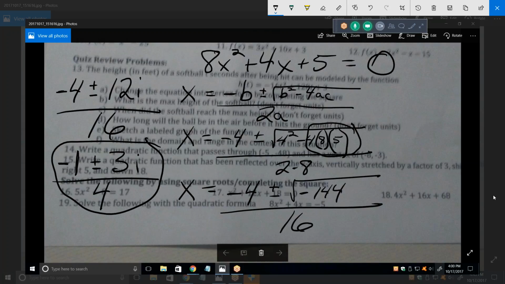Now, if they insist that it be in complex format, a plus bi, then that would turn into minus 1/4 plus or minus 3/4 i. What I have circled in the lower left is the same as what I've written in the bottom left. The difference is the very bottom left is in a plus bi format.